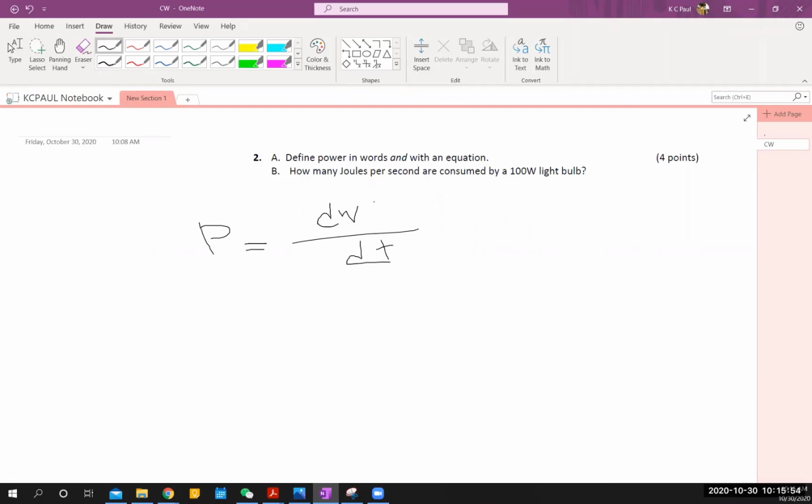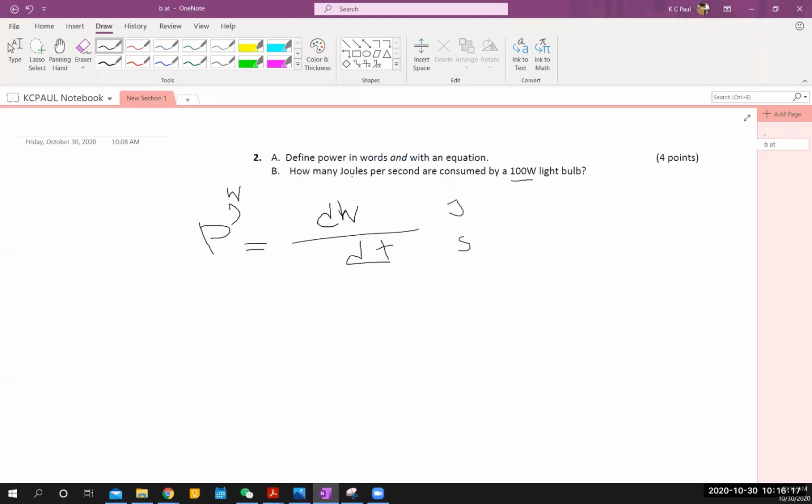Now the second part: how many joules per second are consumed by a 100-watt light bulb? Already you know that this W is in joules, and this t is in seconds, right? The unit of this is power, I mean watt, right?